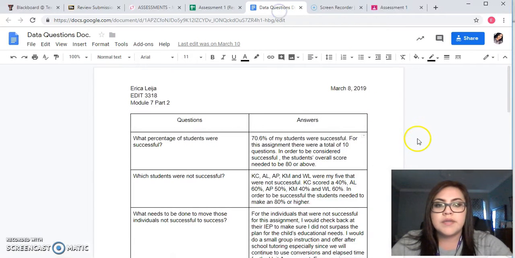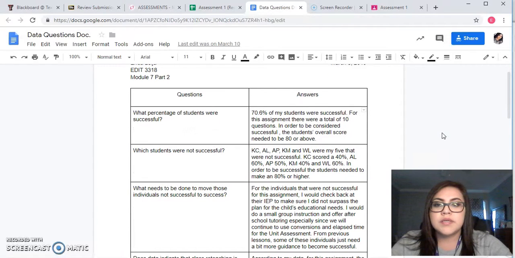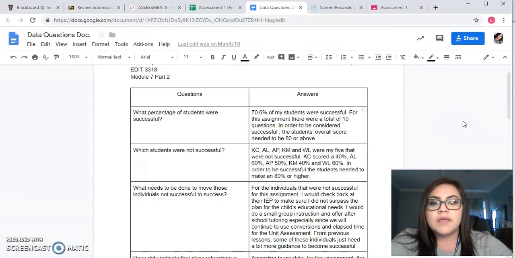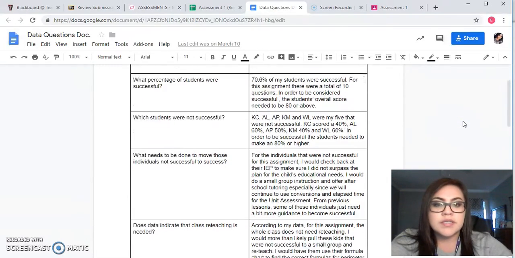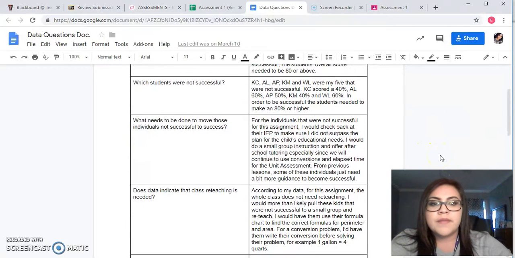So it is this. Here is where my data questions are, of what percentage of students were successful. I had 70.6% that were successful. Let me see which students were not successful, and I just put initials of which ones were not as successful as we would have liked for them to be.